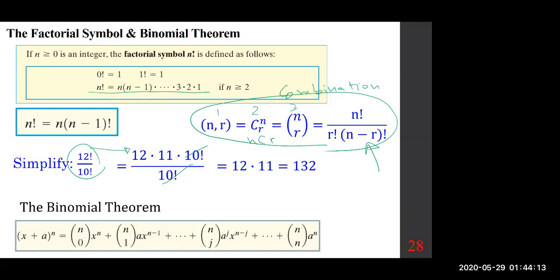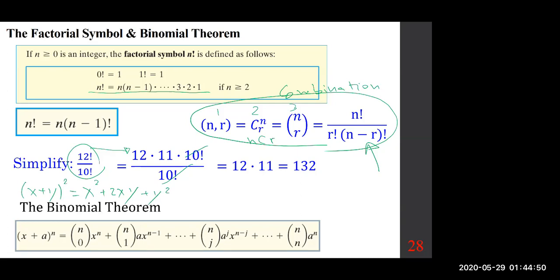And the last thing is the binomial theorem. I want to just remind you of what you've seen. (x + a) to the power of n is C(n,0) x to the power of n, plus C(n,1) a x to the power of n minus 1, and so on and so forth. To give you an idea, when we did x plus y squared, we know the answer is x squared plus 2xy plus y squared.